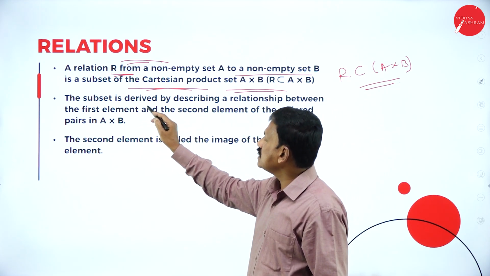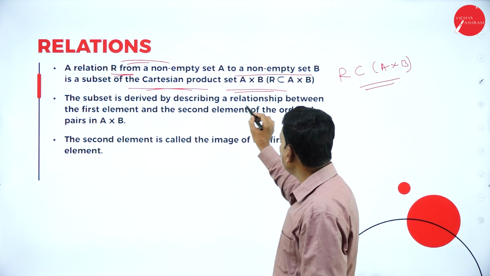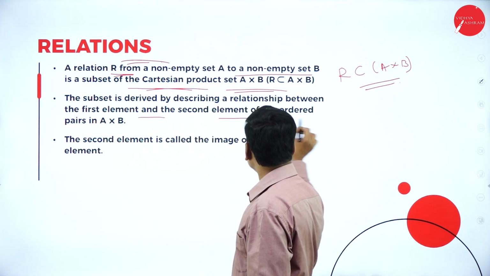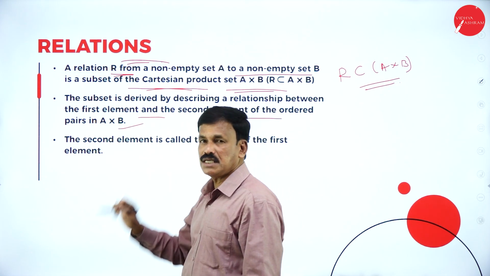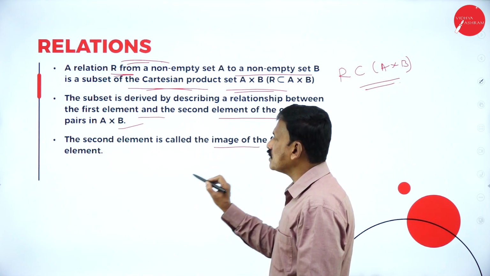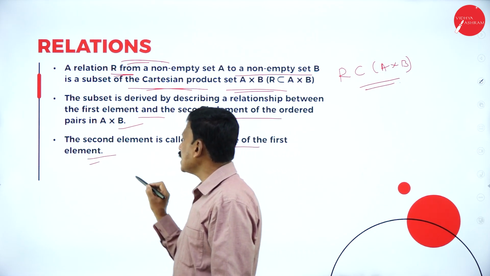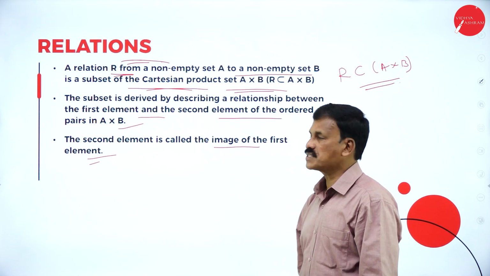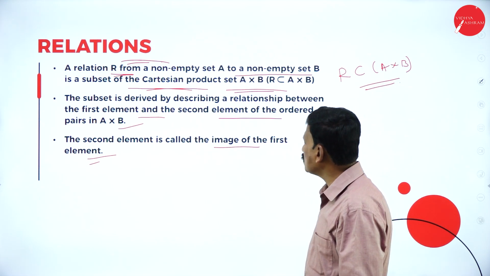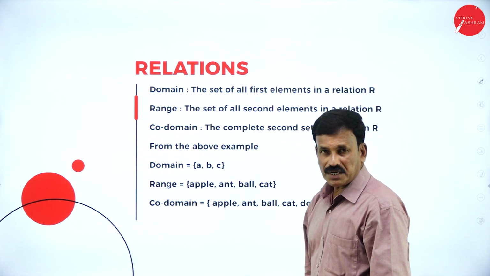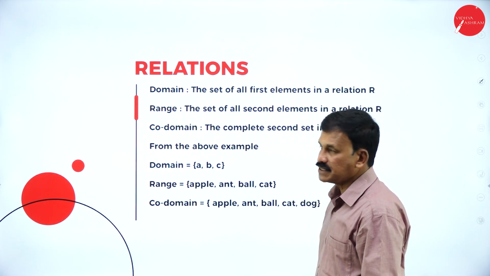The subset is derived by describing a relationship between the first element and the second element of the ordered pairs in A × B. The second element is called the image of the first element. Now let us learn about the domain, range and codomain.